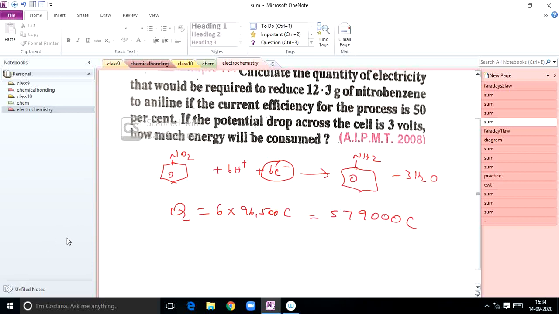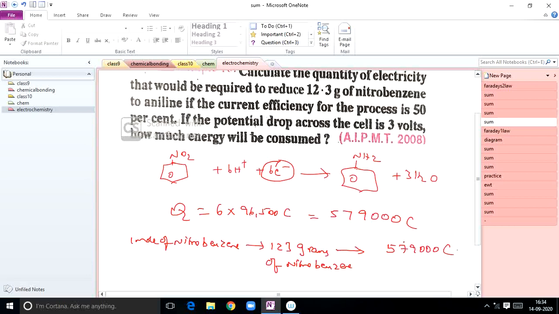Molecular mass of nitrobenzene equals 123 grams. So to convert 123 grams of nitrobenzene into aniline, how many coulombs of electricity is required? 579000 coulombs.